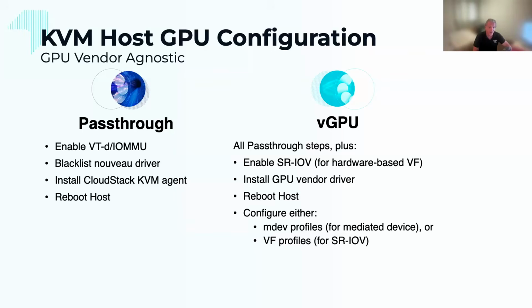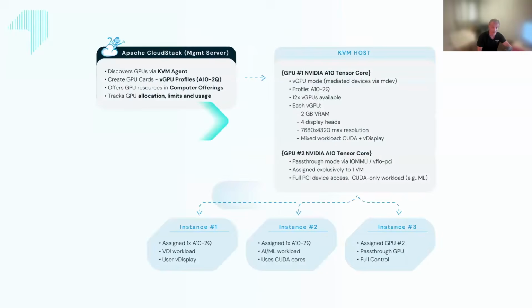If you want to use vGPU mode, it will split the physical GPU into multiple virtual GPUs, as long as it is supported by the vendor, and that allows instances to share the same GPU card. So it's really interesting for resource consumption by the users.